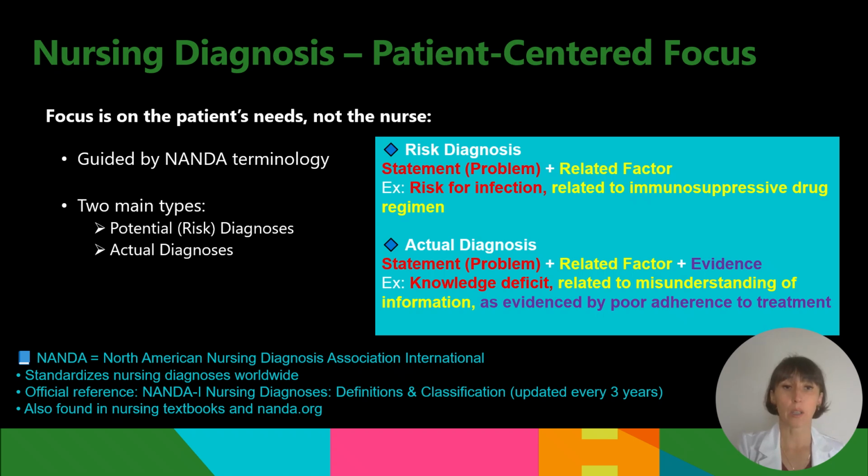For example, knowledge deficit related to misunderstanding of information as evidenced by poor adherence to treatment. By framing the patient's needs in this structured way, and here on this slide it's color-coded for you to help you understand which part is what, we can plan targeted interventions that address both current problems and future risks.